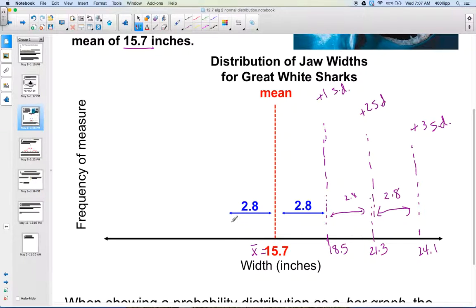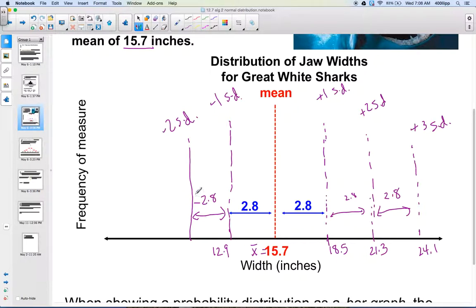Now we have to go down, so now I'm going to just subtract 2.8. So when I take 15.7 minus 2.8, I'll be at 12.9. This is 12.9, and this is going to be negative 1 standard deviation below the mean, which is going to tell us we have a z-score of negative 1 at the value of 12.9. Okay, we'll keep going here. Subtract another 2.8 again, and this will be at negative 2 standard deviations away from the mean.